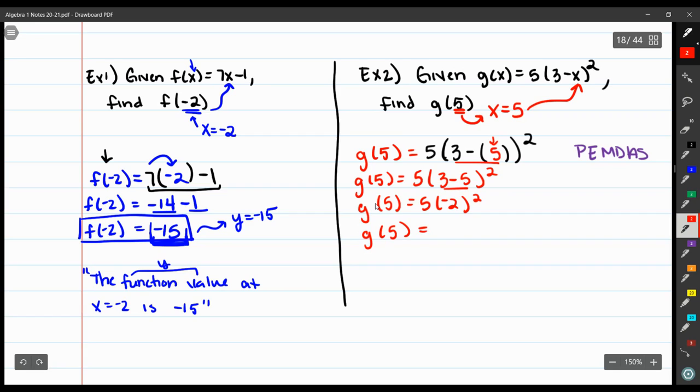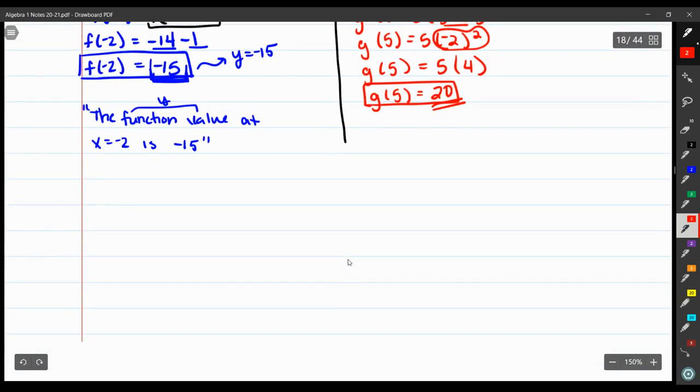Exponents have to come first. So -2 squared makes a +4. Exponents have to come before you multiply. And now that I've gotten rid of the exponents, I can multiply 5 times 4, which makes 20. So the value of g of 5 is equal to 20. Again, the function value at x equals 5 is 20.